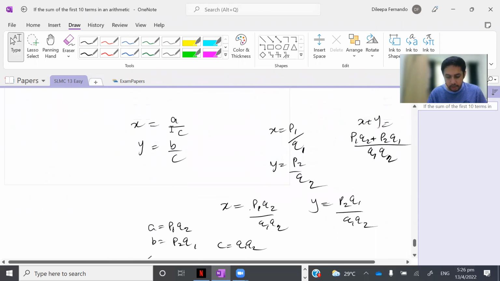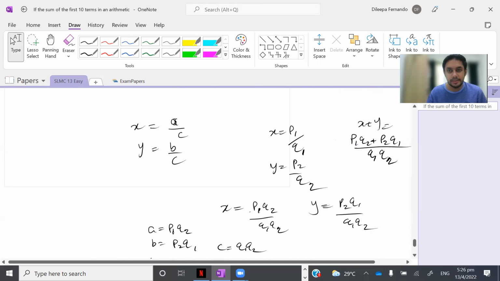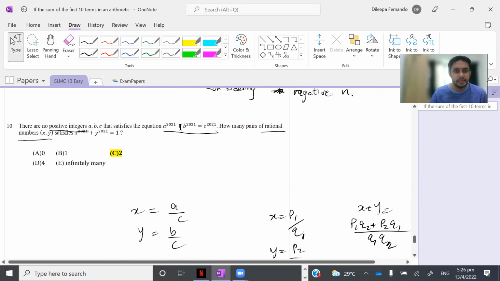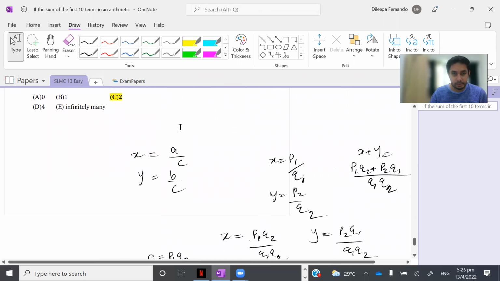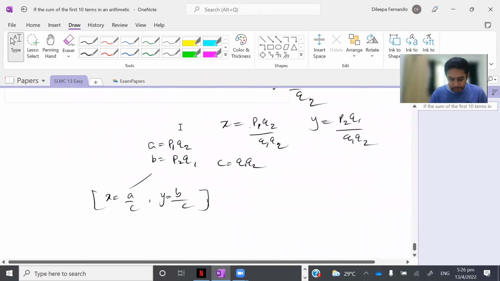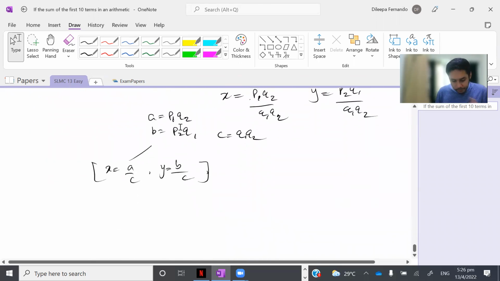For the moment let's think that a, b, c can be any integer where c is non-zero. Now a, b, c can be positive or negative, and c is non-zero.